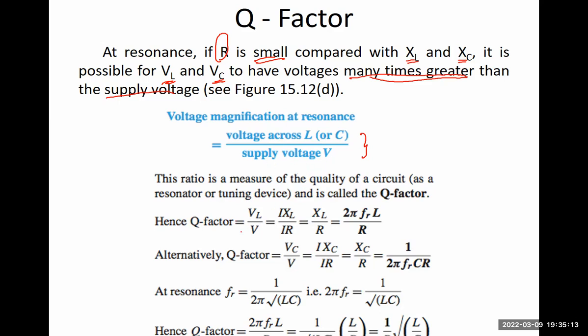So this ratio is a measure of the quality of a circuit, lalo na at a resonator or a tuning device. So the measure of the quality of a tuning device is what we call the Q factor.